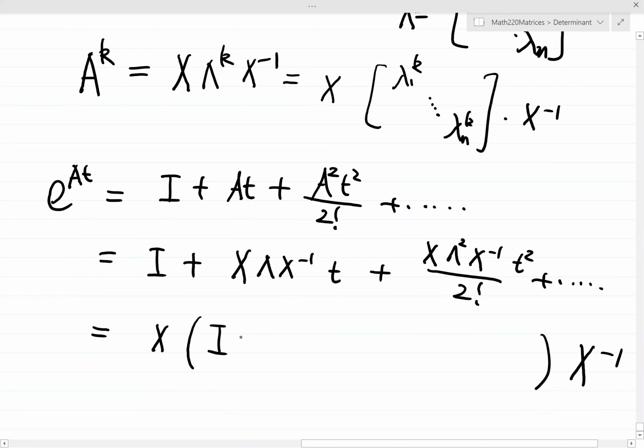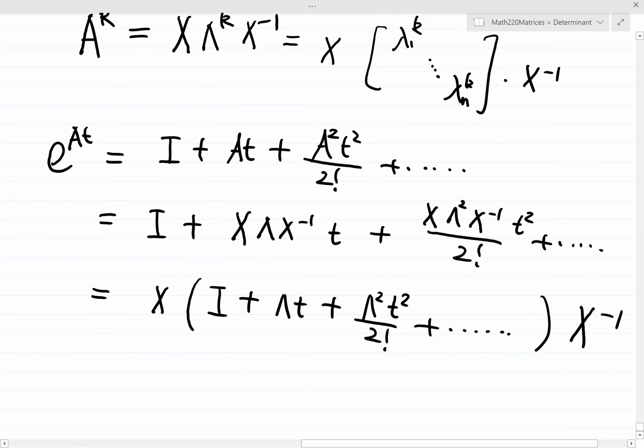So you get I plus Gamma t plus Gamma squared t squared over 2 factorial plus etc., sandwiched between X and X inverse.